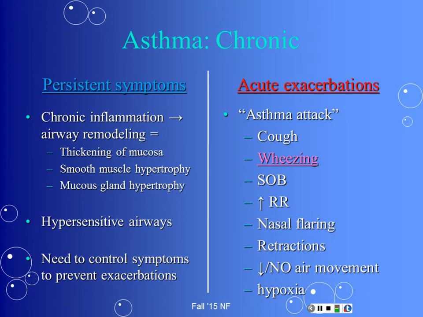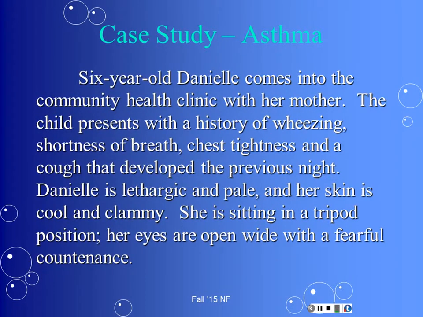Retractions. This is where you're going to see the tightening down of those bronchioles and the bronchial tubes, and so then they have decreased or no air movement when you go listen to them, and so that can make them hypoxic. All right.